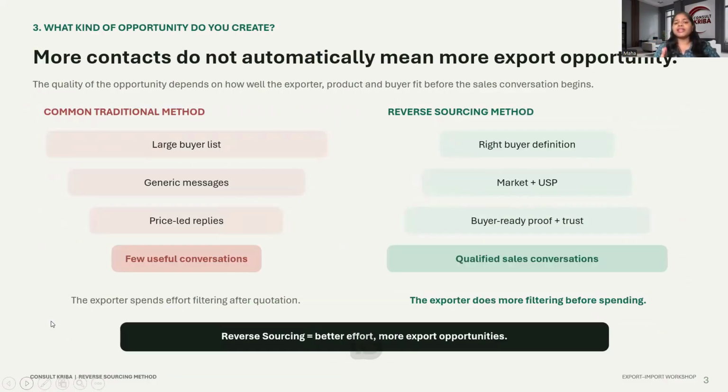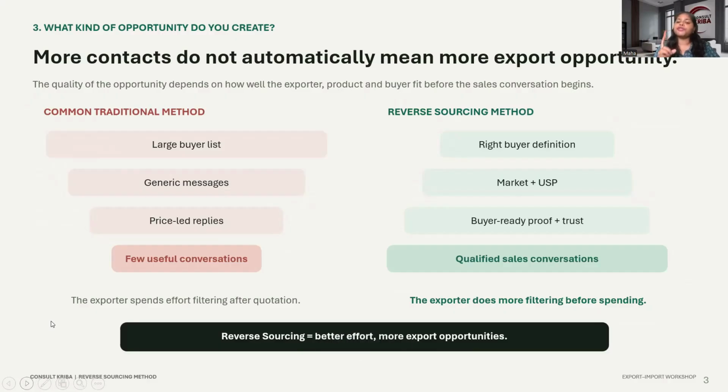That's why there is a huge difference between the common traditional method and reverse sourcing method. In the traditional method, people approach general importers or agents with the same type of messages and run into the same challenges of pricing and payment terms, and then some convert into orders. But in the reverse sourcing method, you know exactly what type of buyers, what their expectations are, and how your business, not just the product, fits.